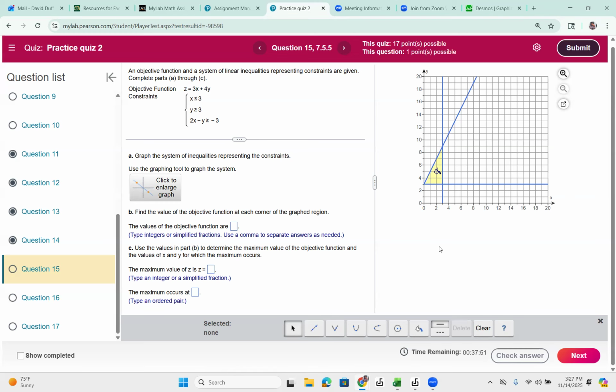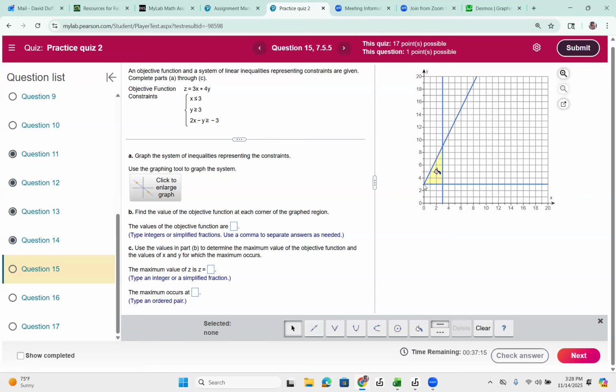So I'm going to go ahead and show you. That first corner right there, I'm going to call that A, the bottom left, and then the top one I'll call B, and then the bottom right I'll call C. Can you tell me what the coordinates are of that first corner, that bottom left corner? 0, 2? Or 2, 0?